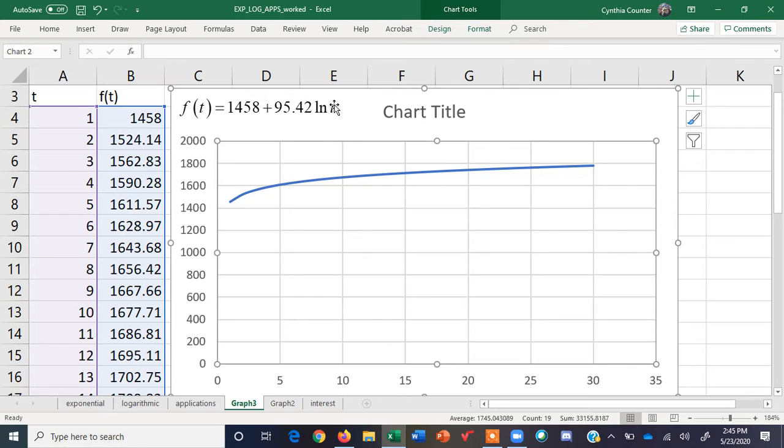When t equals 1, by the way, natural log of 1, or any log of 1 for any base, is 0. So that's why we started at 1458. When you're starting with a logarithmic function at t equals 0, t equals 1, so that natural log of 1 is 0, this number out here is your starting point. As we saw earlier, 1458 would be around there.